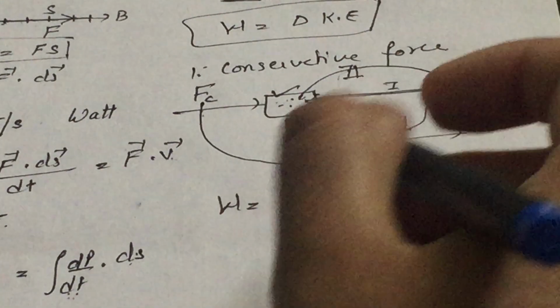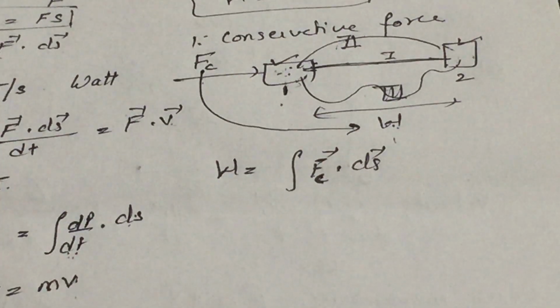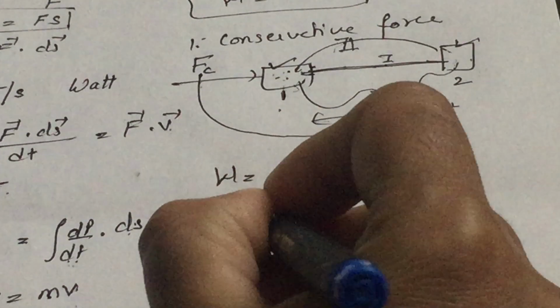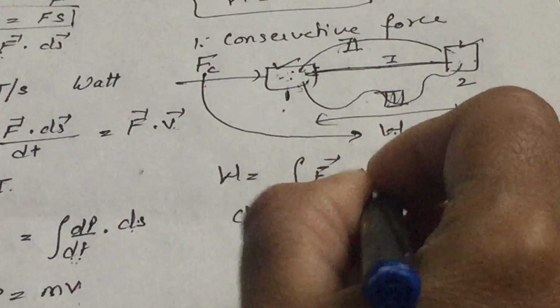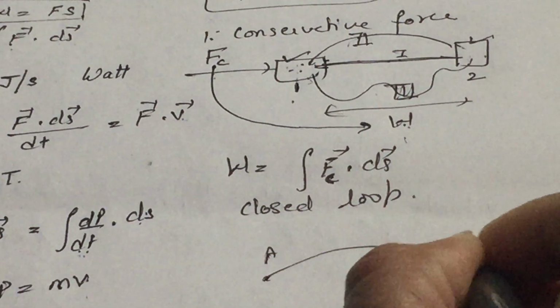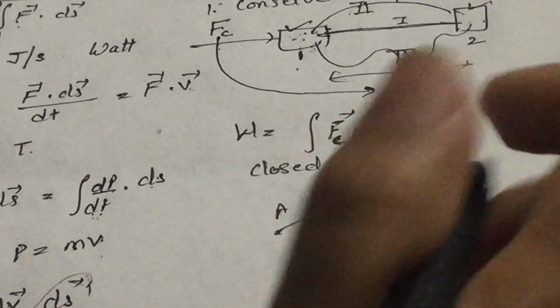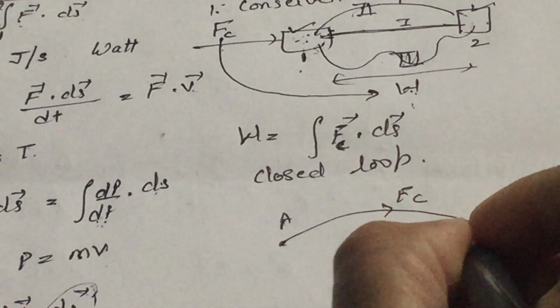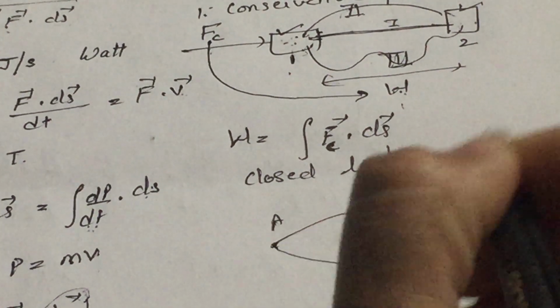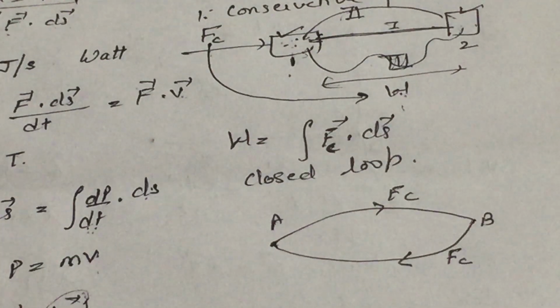And if the force is conservative, then we can say that for a closed loop, let us consider the case if the particle moves from A to B due to a conservative force, and again if we move it from B to C, again the applied force is conservative.